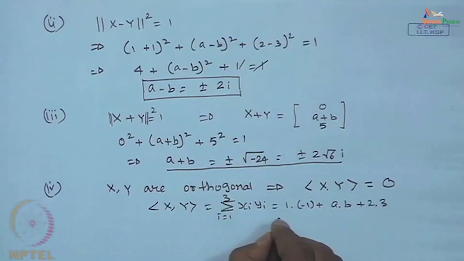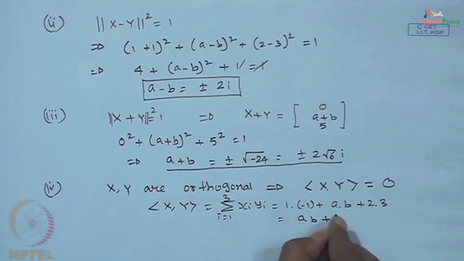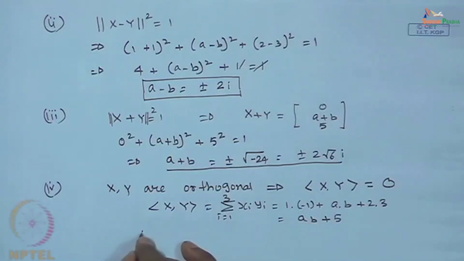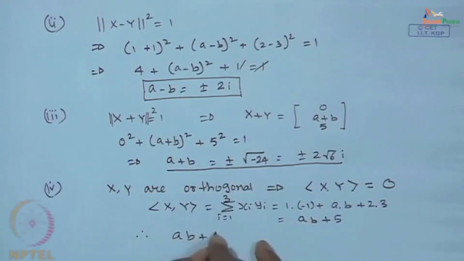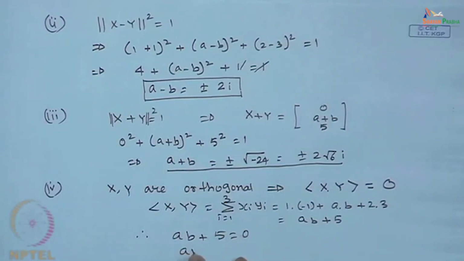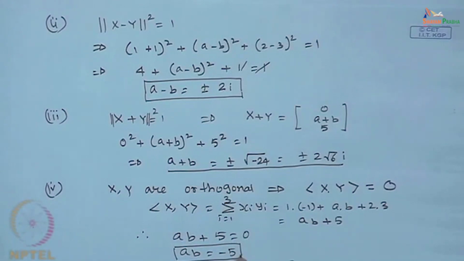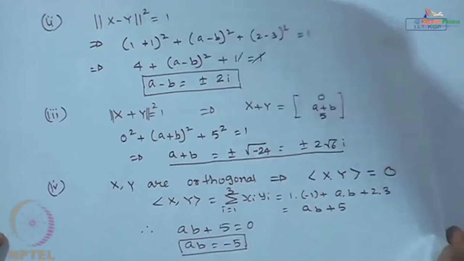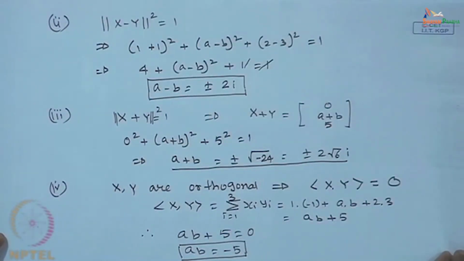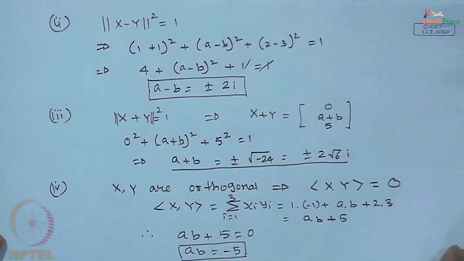So, it will be a b plus 5. So, this should be equal to 0 because x and y are orthogonal. Therefore, a b plus 5 must be equal to 0. So, a b is equal to minus 5. So, this is the relationship between a and b, so that you will be getting the various conditions satisfied given by this problem. Next, we just look into another problem that will be a very interesting problem.